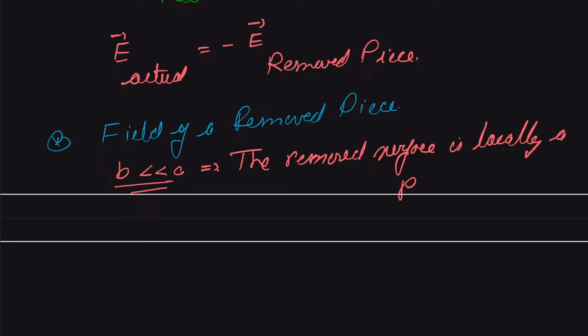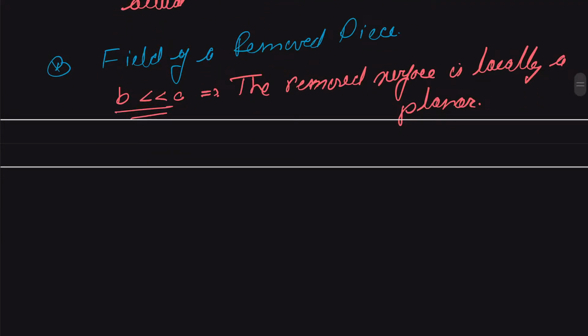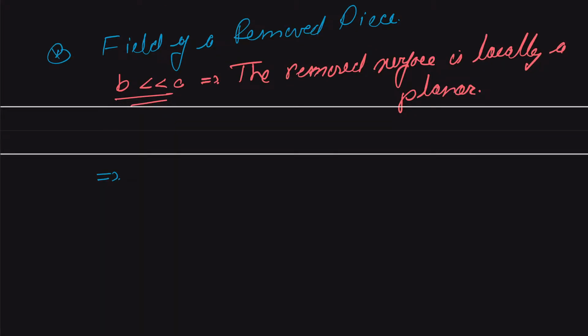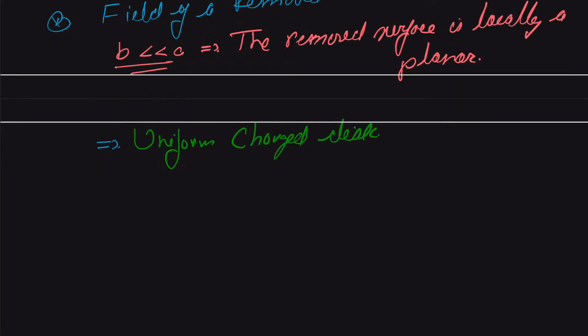Okay, so we can assume that it is some kind of planar surface, and from here we can write that it can be treated as a uniformly charged disk, a uniform charged disk with surface charge density, and that is our rho.